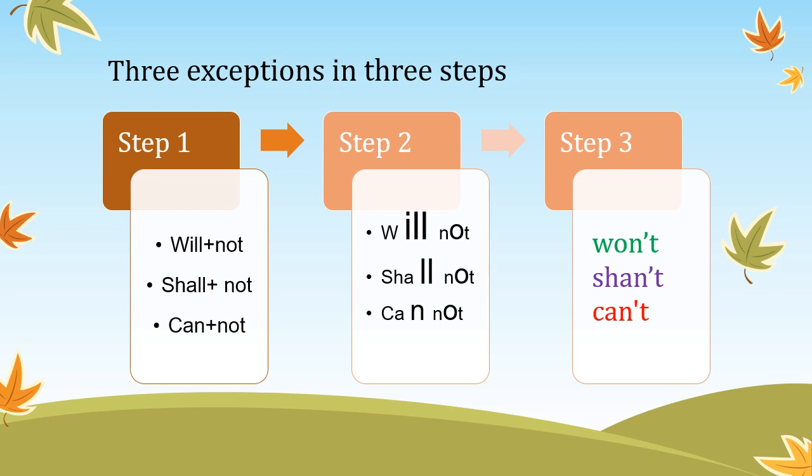And we have put an apostrophe there, so the word is won't. In the second word shall plus not, in the word shall LL is skipped and O is removed, so the word is shan't. In the third, can and not is the word. N and O have been skipped here and the word is can't.